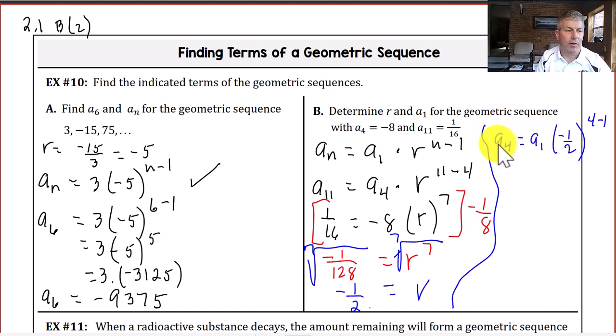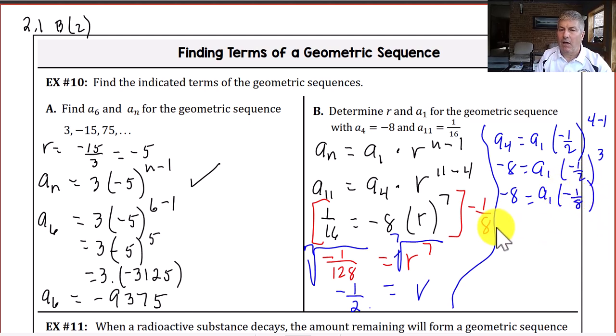I know a sub 4 is -8 equals a sub 1 times -1/2 to the 3rd power. -1/2 to the 3rd power is -1/8. So I have a sub 1 times -1/8. I multiply both sides by -8, and I get positive 64 equals a sub 1. So my first term is 64.